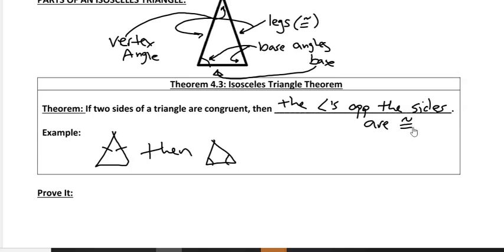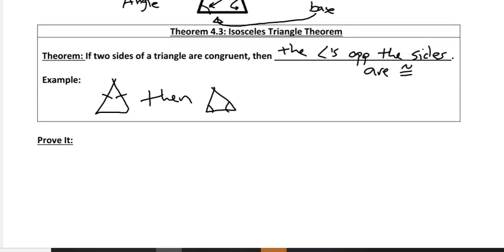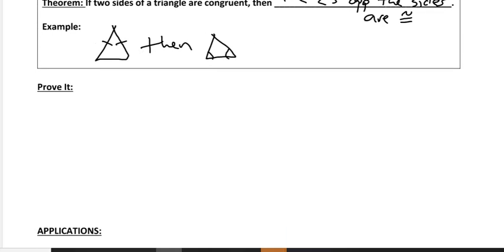Now, we have been doing proofs just to practice proofs. Why do we actually learn proofs? We learn proofs so that we can prove things are true. For example, this. I'm going to use logic to make sure that this is actually true.